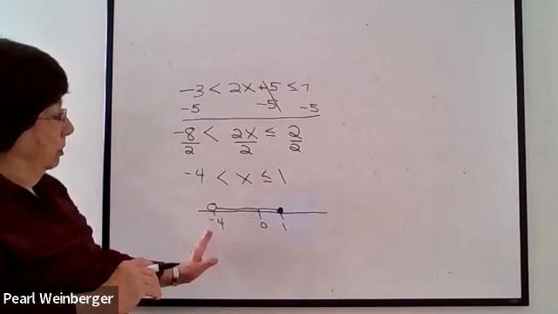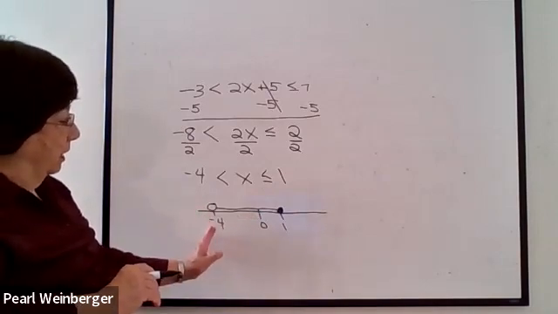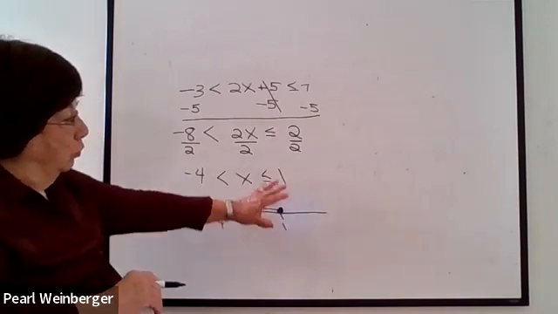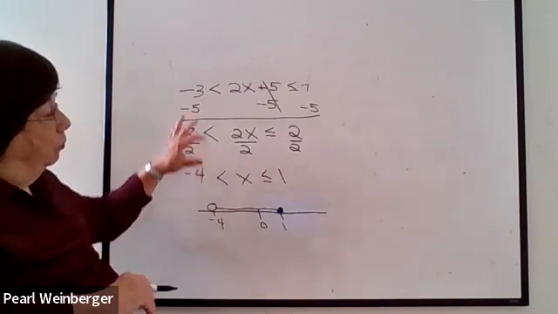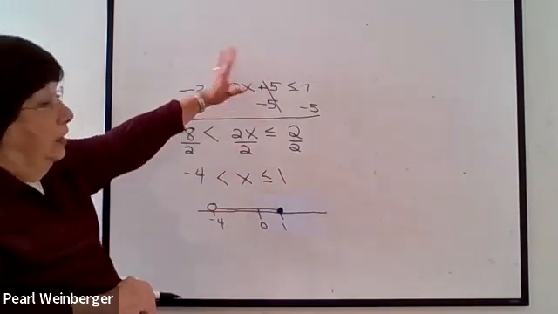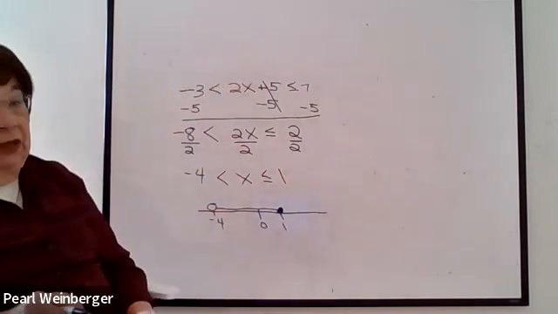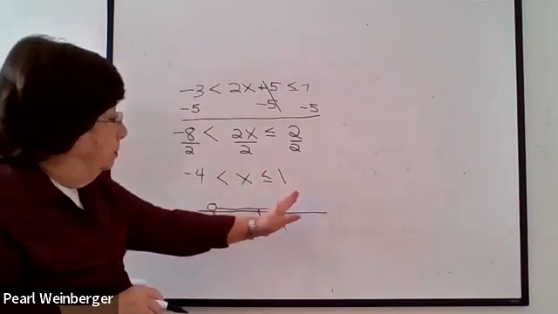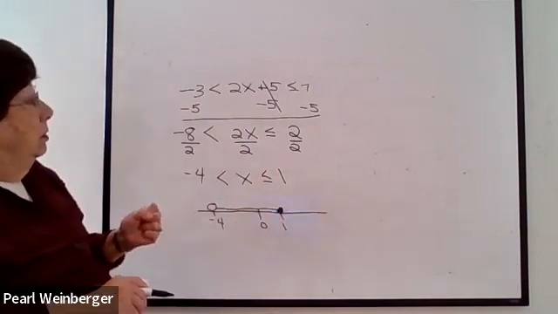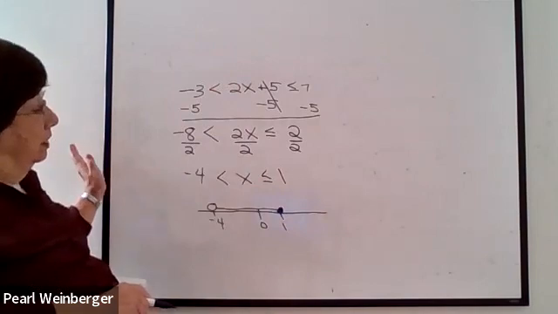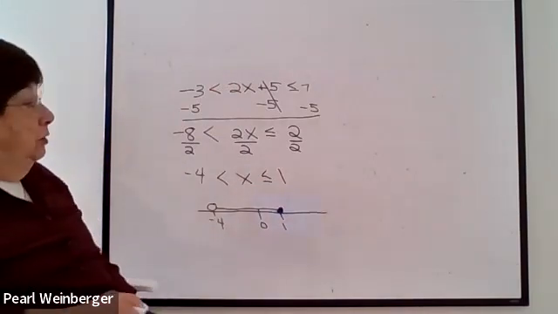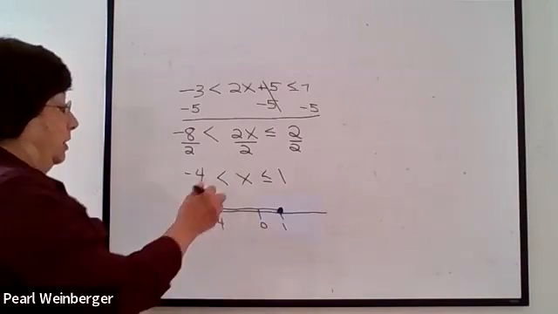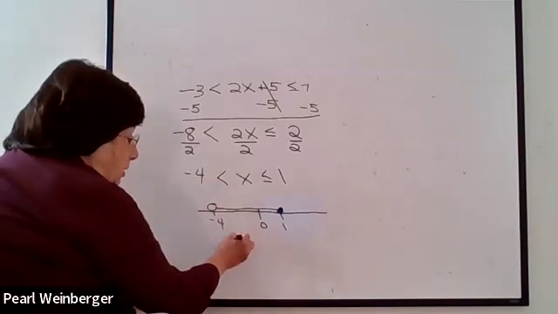The interval goes from -4 until 1. Any number between -4 and 1 will work in this compound inequality. But if I take a number that's bigger than 1 or a number that's less than -4, it's not going to work. So it's only these numbers.